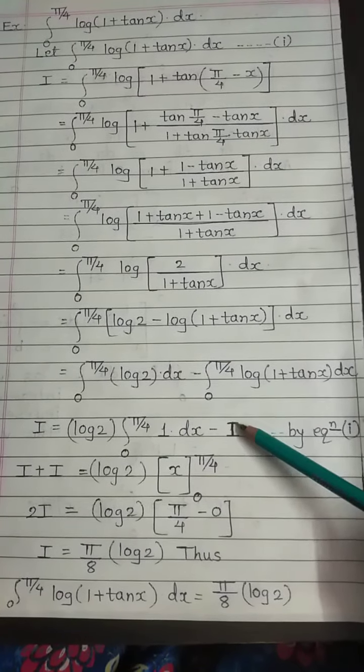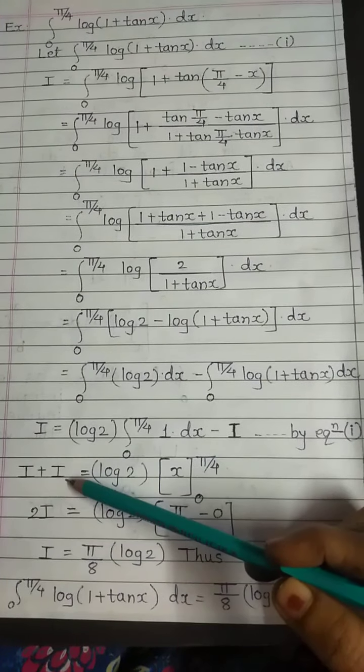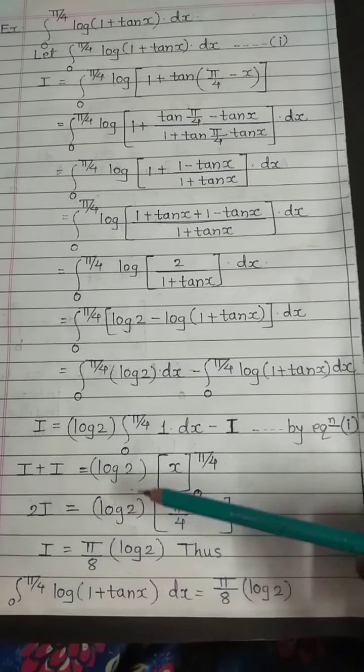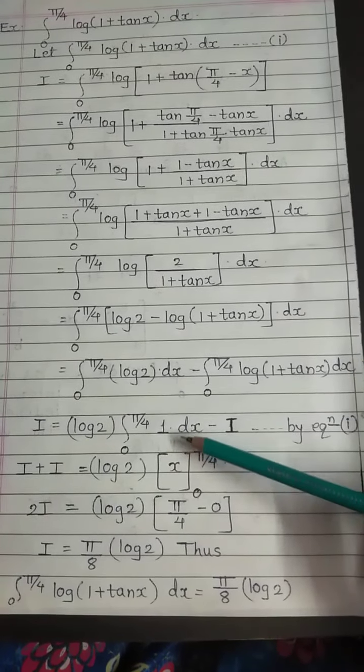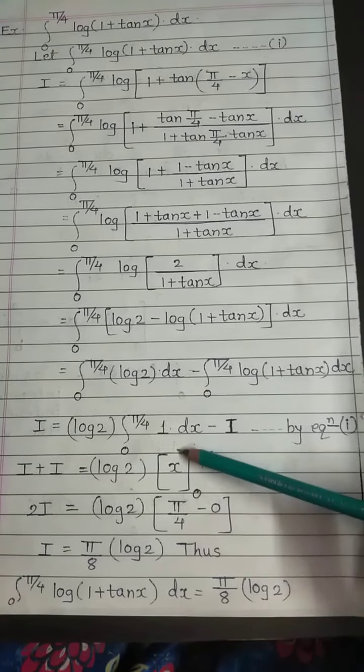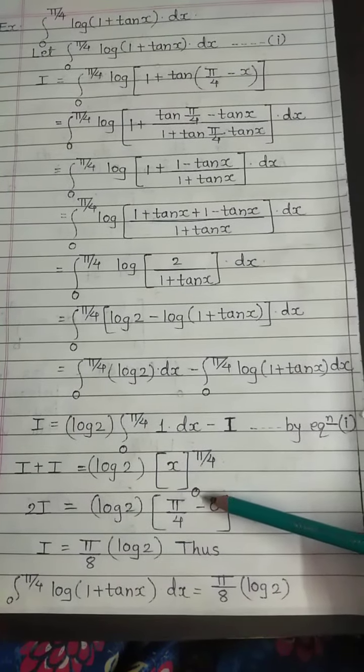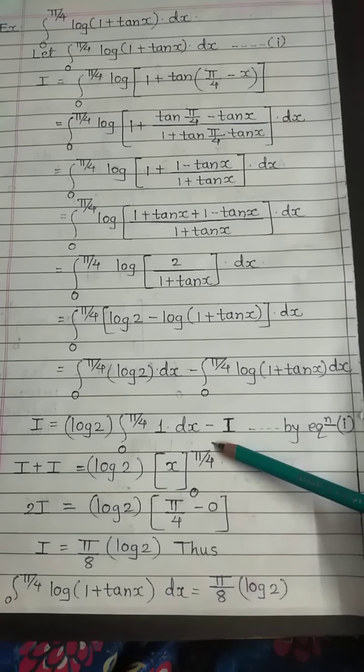Now since we are shifting this I to this side, that will become plus. So we have I plus I is equal to log 2 into integration of 1. And we know that integration of 1 is x. So we will write that along with this limit as 0 to pi by 4.